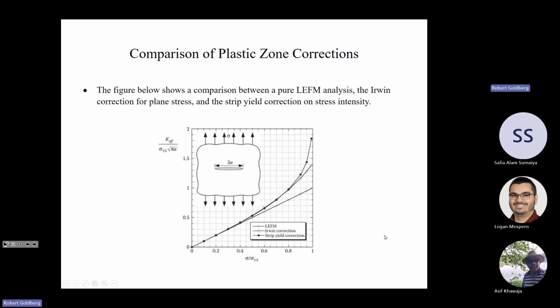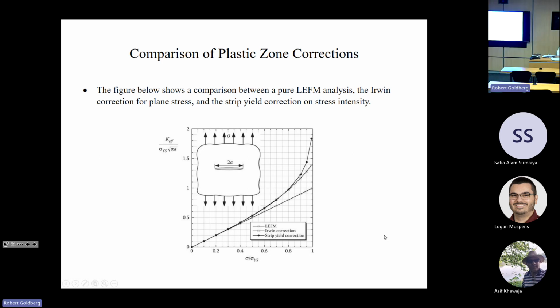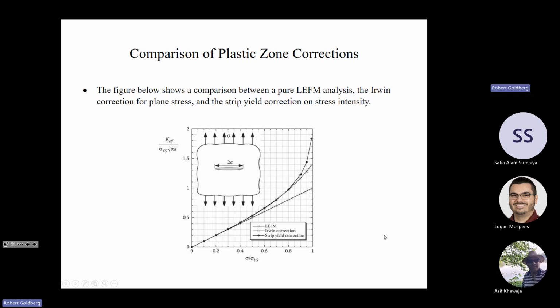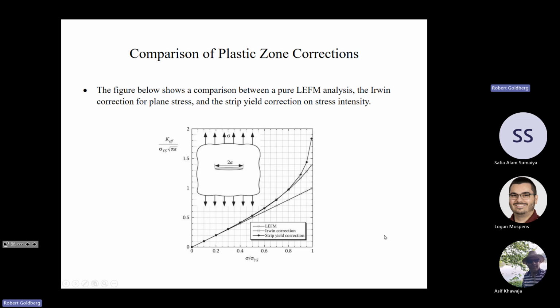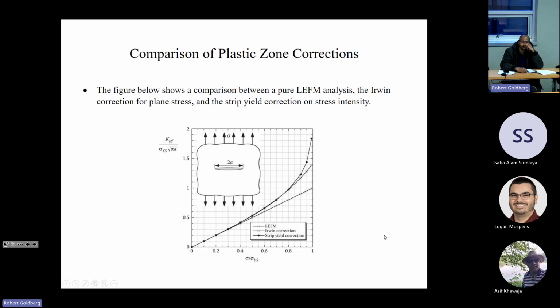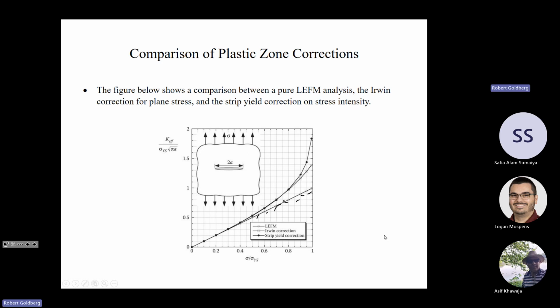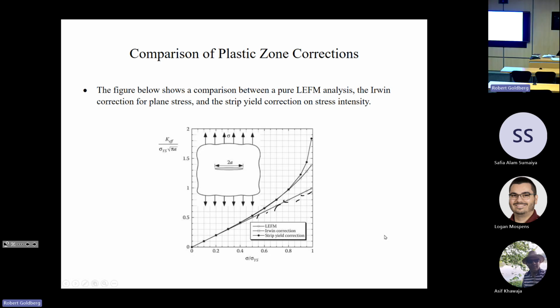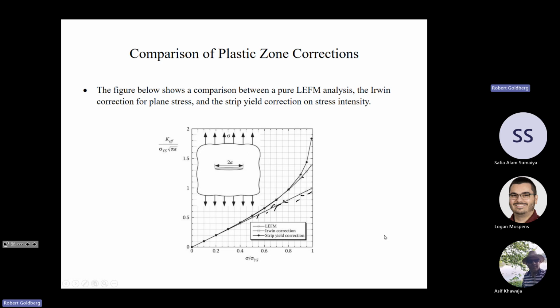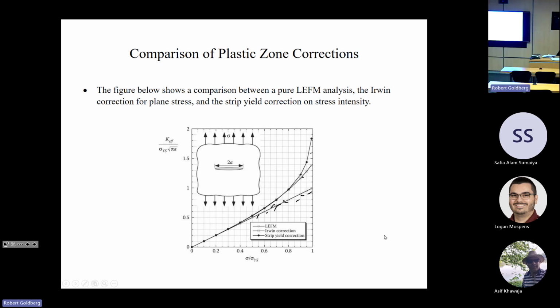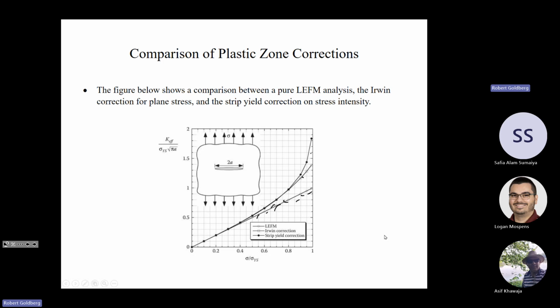So to build on these points a little more, we have this figure here that shows the comparisons between a pure linear elastic fracture mechanics analysis, which is this lower line here, the Irwin correction for plane stress, which is this middle line here, and then the strip yield correction, which is the upper line here.